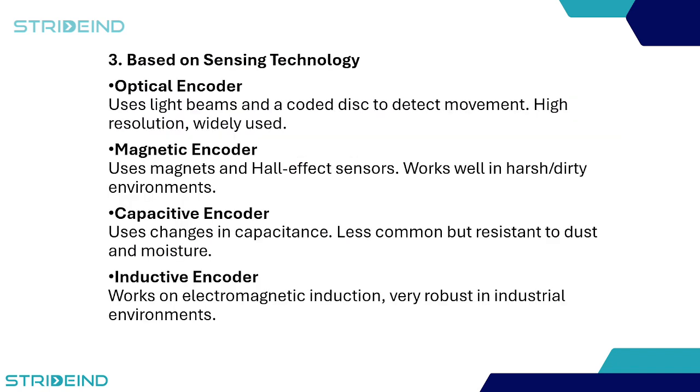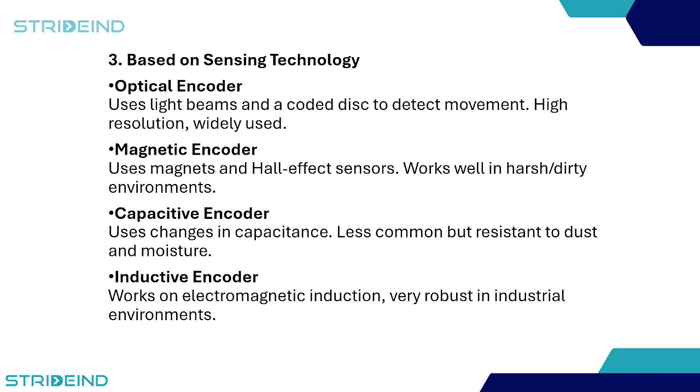There are different sensing technologies used in the encoders. Major technologies are optical, magnetic, capacitive, and inductive. Optical encoders. Encoders use light beam and a coded disc to detect the movement. High resolution, widely used technology. Magnetic encoders use magnets and Hall effect sensors, work well in harsh and dirty environments.